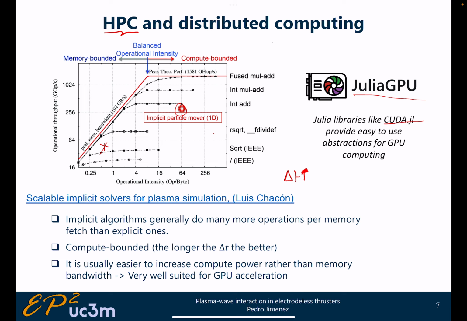So people usually hated using GPUs. Now, because of the machine learning community and the new supercomputers like the exascale supercomputers that are coming online this year, all of them are using GPUs. This is becoming much easier. So now we have high-level abstractions that make your life really easy.